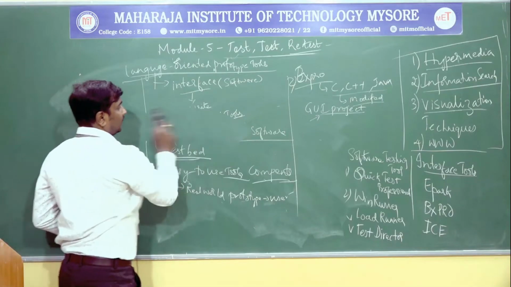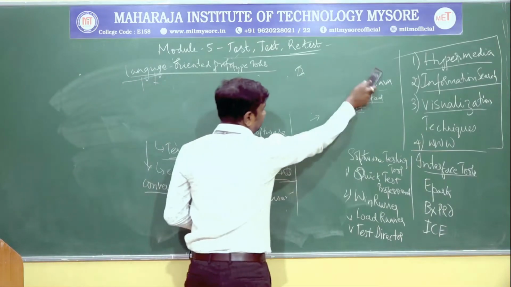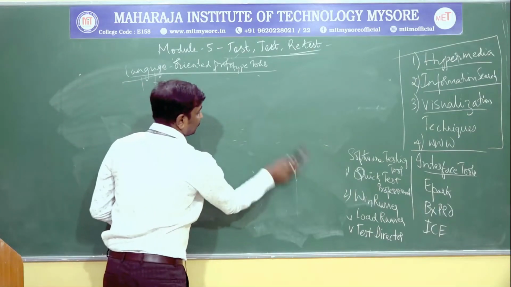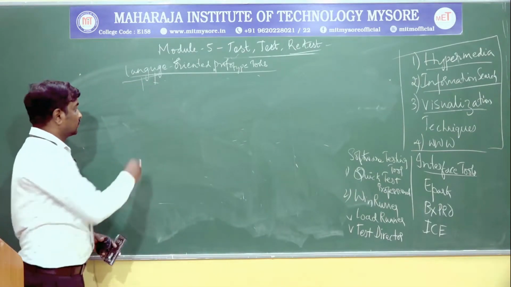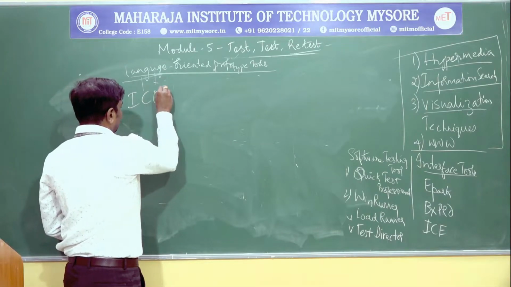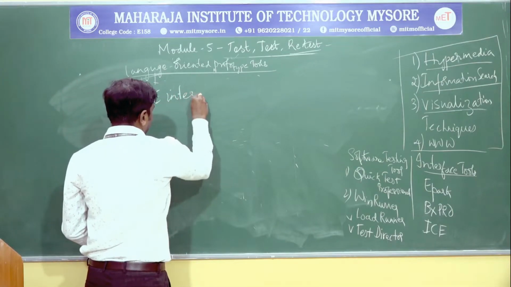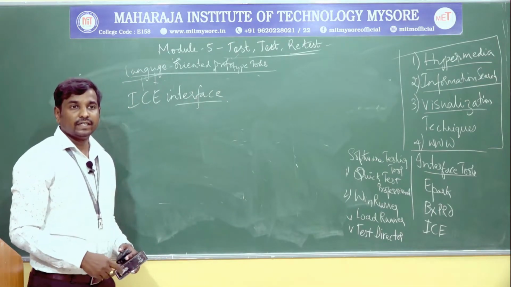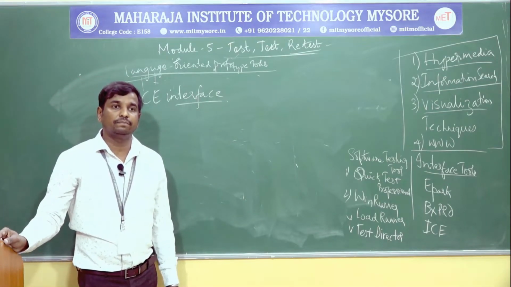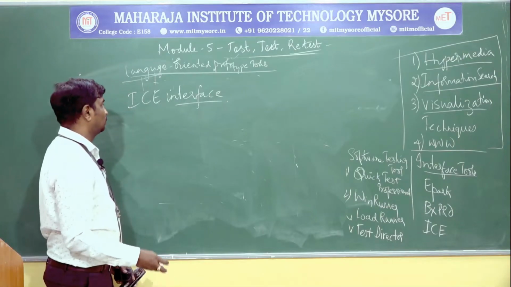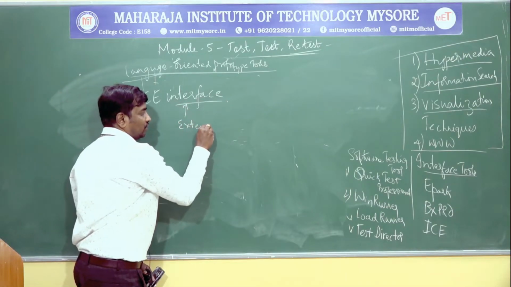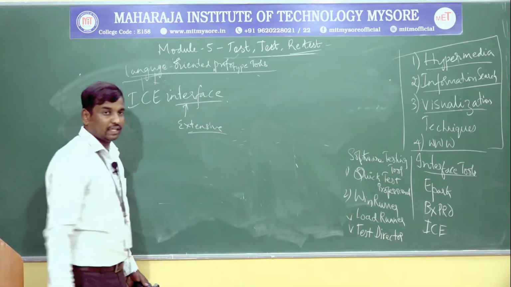The next tool is something called ICE interface. As the name says, it is an interface, and it already uses some extensions with respect to the tools. So this is an extension of the existing prototype which we are developing.